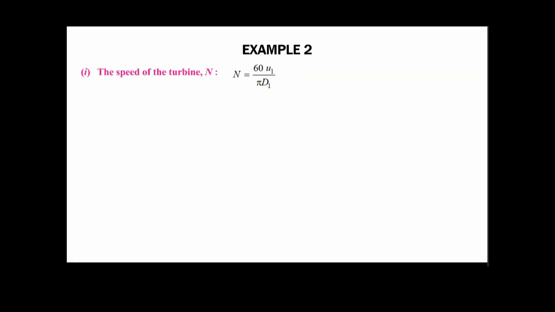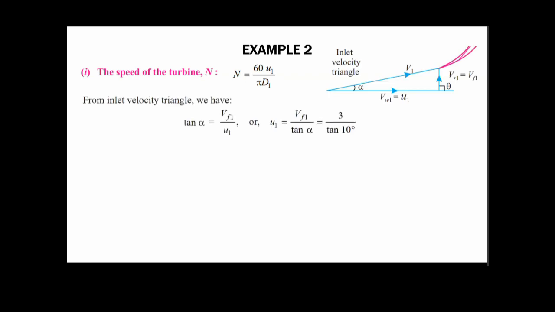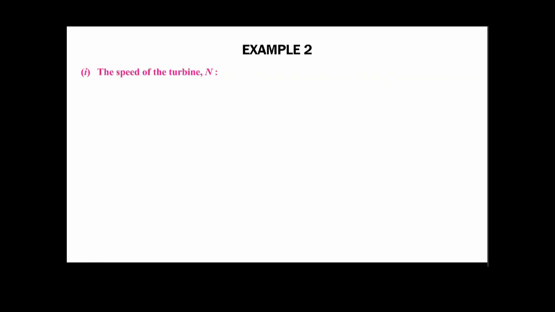If you look into the solution given by books, it's not a good way to explain the flow of thinking, because they already know what information needs to be calculated. But to show the flow of thinking and how you solve the problem, first write down what equation can be used to calculate the specific parameter asked in the question, for example in this question, the speed of the turbine.